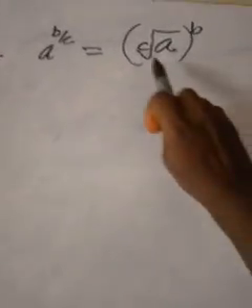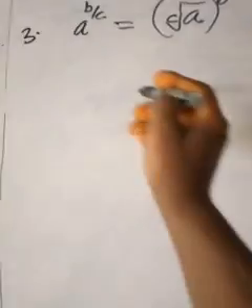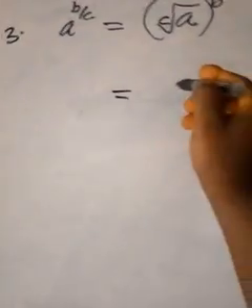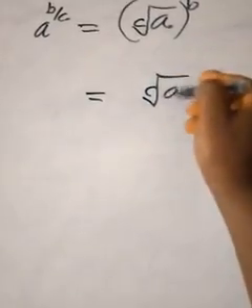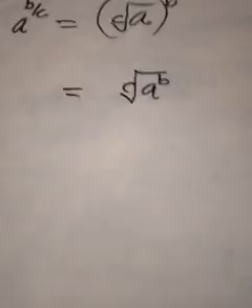If you look at it very well, the denominator of the fraction, which refers to the power, comes to the root, while the numerator of the fraction is the power. This can also be written as the root of a raised to power b, which is also the same.